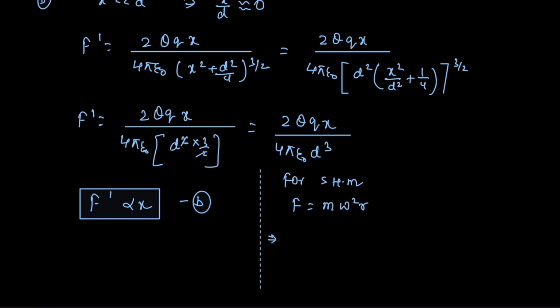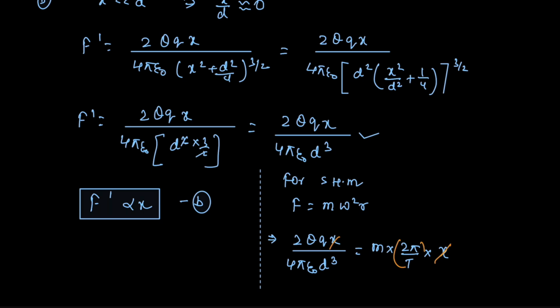If you substitute the F dash value, this is our F dash value, we can write it as 2 into capital Q small q x divided by 4 pi epsilon naught d to the power 3 is equal to m into omega, which is 2 pi by T, into x. So here x cancels.